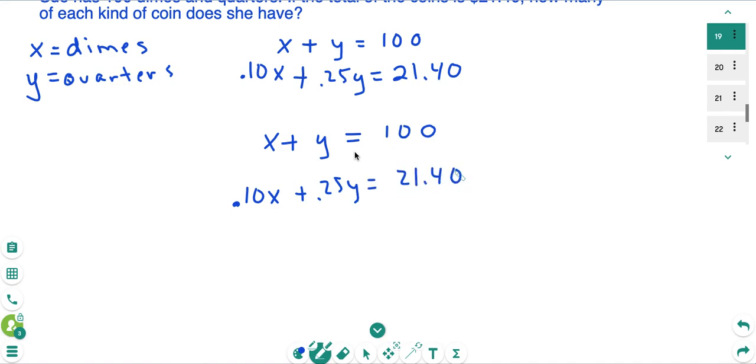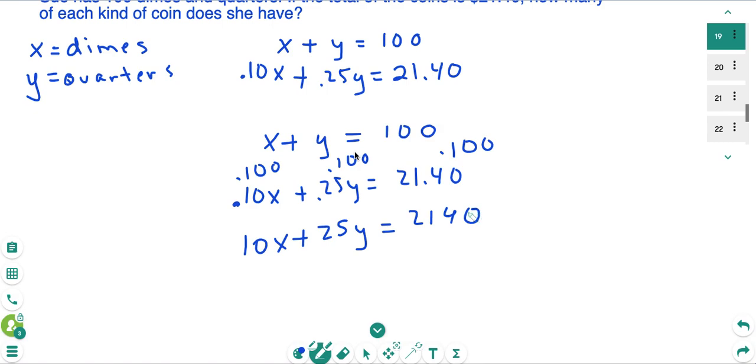I'm going to multiply by 100. Multiplying by 100 moves my decimals 2 places to the right, which gets rid of the decimals in the equation. That leaves me with 10x plus 25y is equal to 2140.